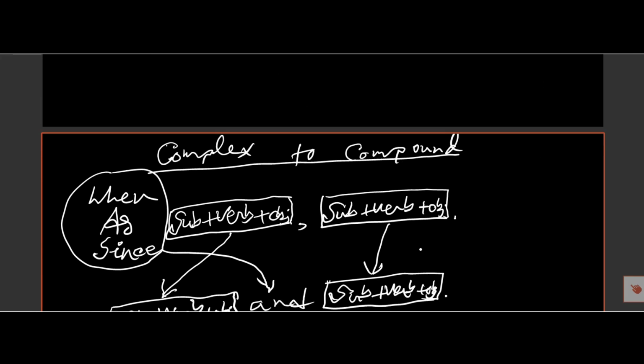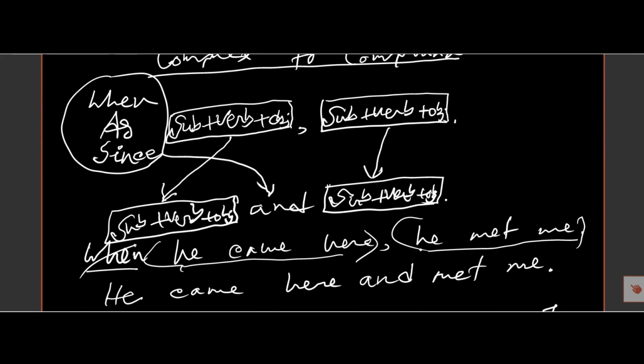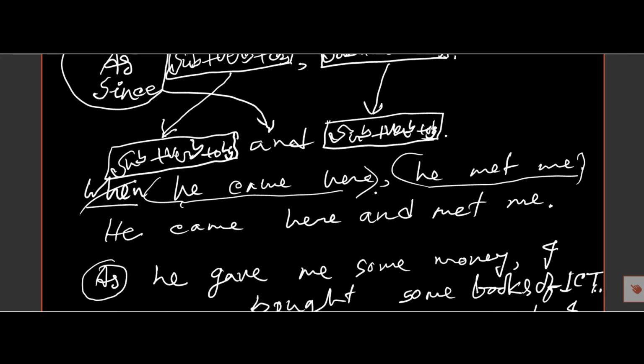We can take a look from the beginning. If there is when or since, then we must put "and" as conjunction, and the first part will be here, and after "and" there is another part.